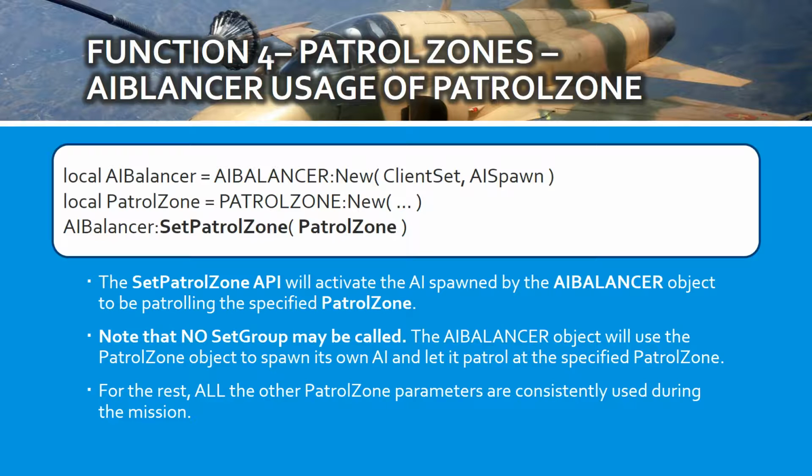So within that patrol zone you may not call set group. When the patrol zone is given as a parameter in the set patrol zone method of the AI balancer class, you may not call set group. It is just a reference class that is used by the AI balancer, using its parameters to instantiate its own patrol zone objects with the parameters given.